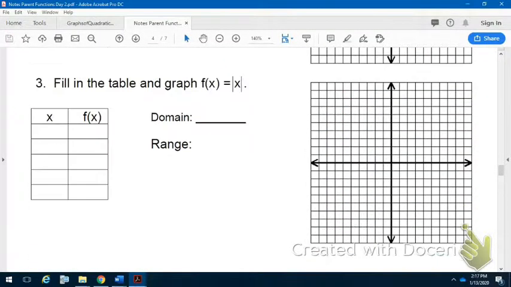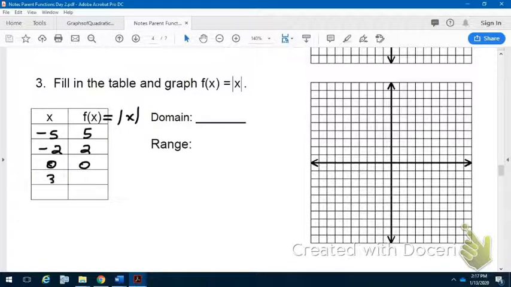Now, this is the new one. We did absolute value equations earlier this year, but I don't think we graphed them. So I'm going to pick x's, and y is equal to absolute value of x. So if I pick negative 5, absolute value of negative 5 is 5. I could pick negative 2, that would be 2, 0, 0.